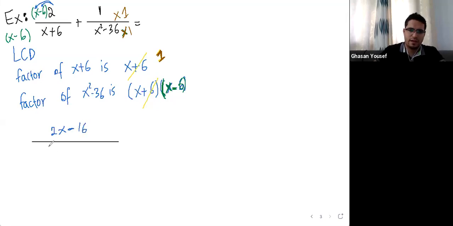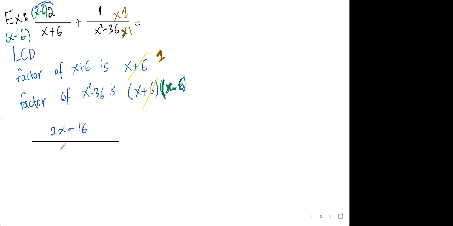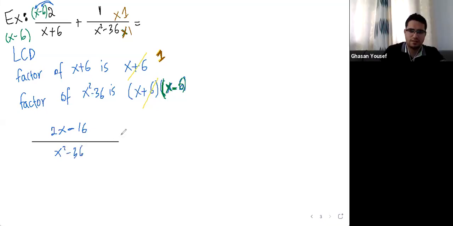And here I get x. Now, x minus 6 times x plus 6, what does that give me? x squared minus 36. x squared minus 36 is correct.